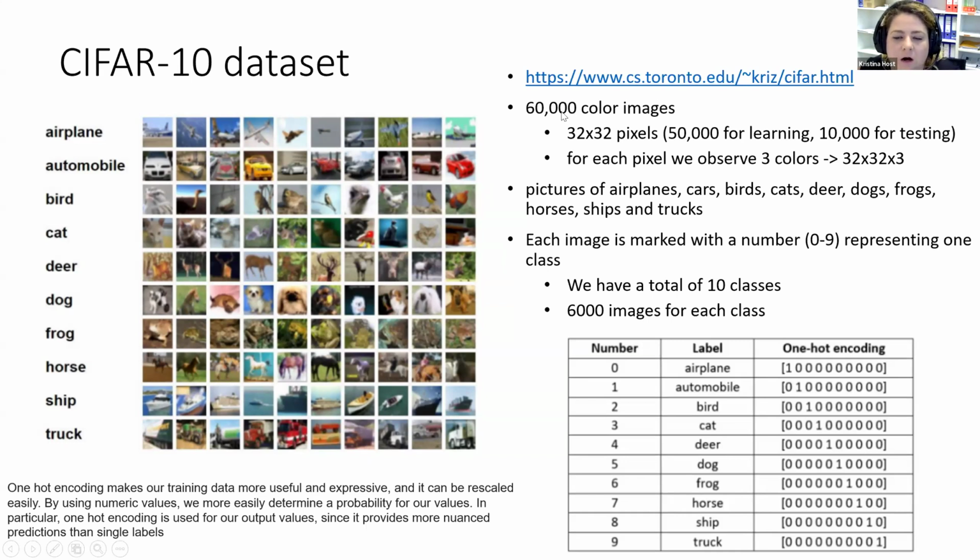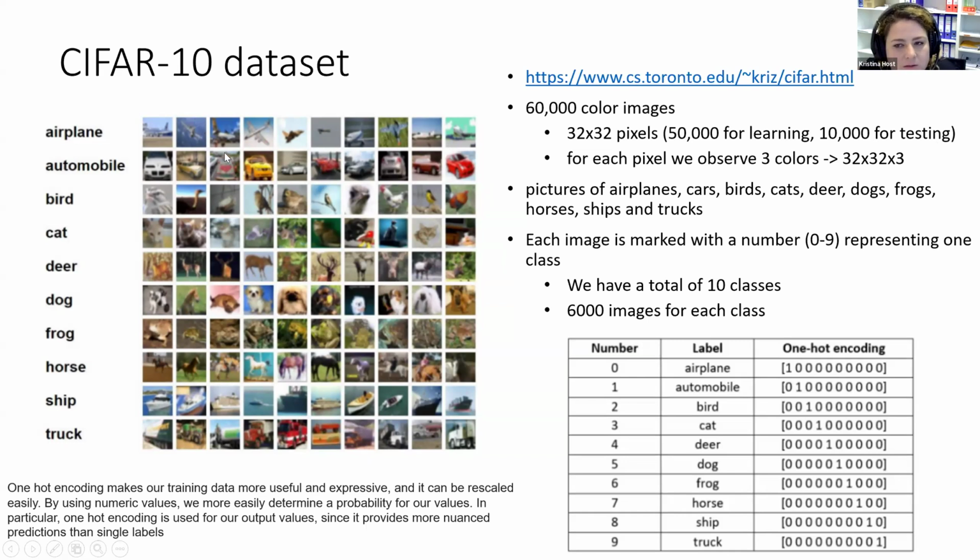It consists of 60,000 colored images that are 32 by 32 pixels and are divided into sets. The one set is for learning or training. It consists of 50,000 images, and we have the other one for testing.